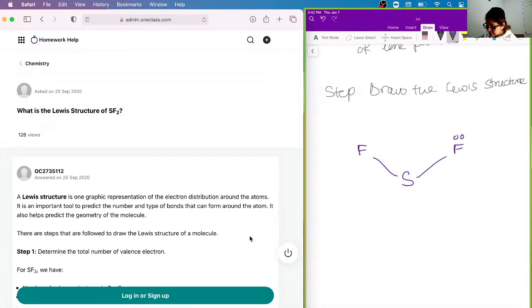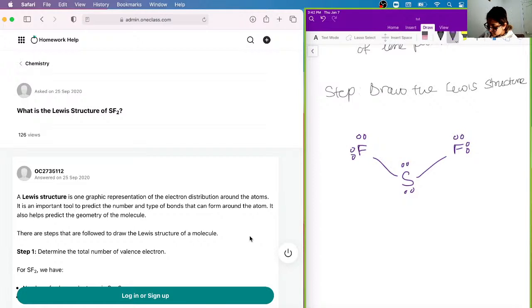Fluorine has 7 valence electrons, and since it's bonding with one, it would have 6 lone electrons, or 3 lone pairs. And sulfur would have 2 lone pairs.